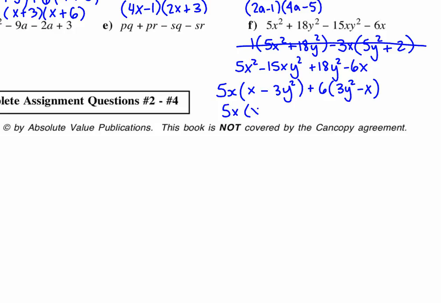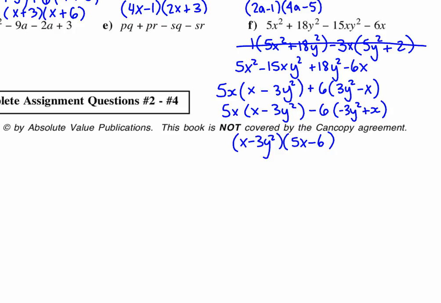So instead of a plus 6, we're going to make it minus 6, and the signs will switch. Is this the same thing? Now it is, so we can factor out x minus 3y squared, and we're left with 5x minus 6. Okay, so sometimes the grouping didn't work. You have to rearrange until you find one that does.